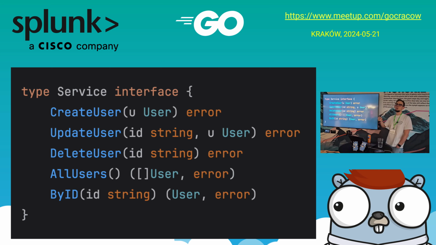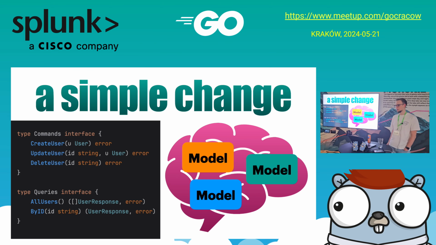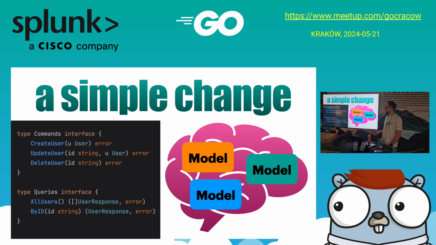Like, why duplicate, right? Why use one struct for some method and second for other? It would feel unnatural. But the separation actually makes sense, right? You use this read model for the queries and the write model for the commands. It makes sense.